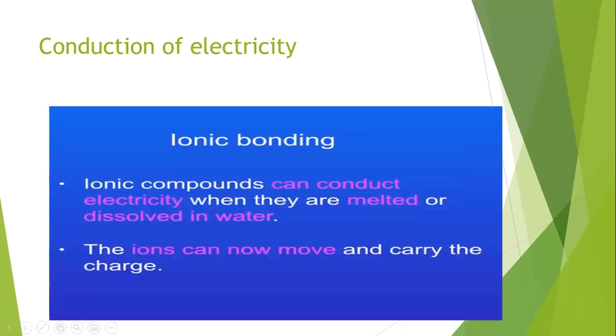Ionic compounds can conduct electricity when they are melted or dissolved in water. When you dissolve, for example, common salt, sodium chloride, in water, it can conduct electricity because by dissolving ionic compounds in water, they will separate out into their ions.